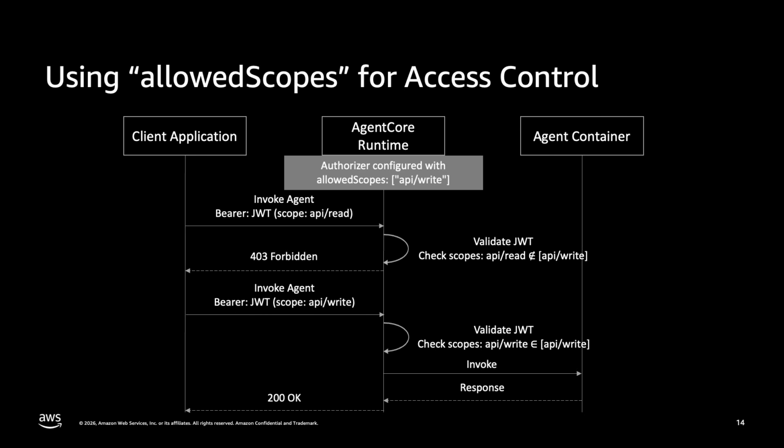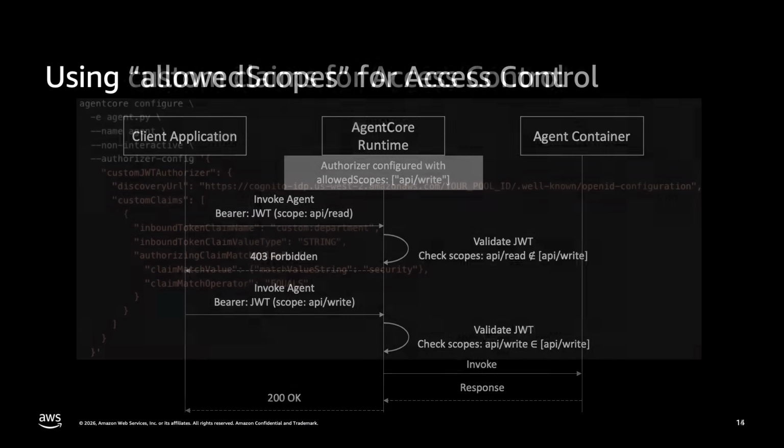Scopes are great for machine-to-machine scenarios where you are controlling what different kinds of applications can do. But what if you have users authenticating and you want to restrict access based on who they are, their department, their role, their tenant? That's where custom claims come in. Let's take a look.